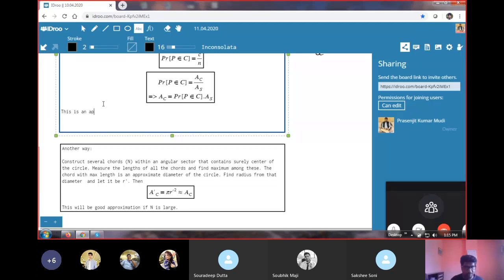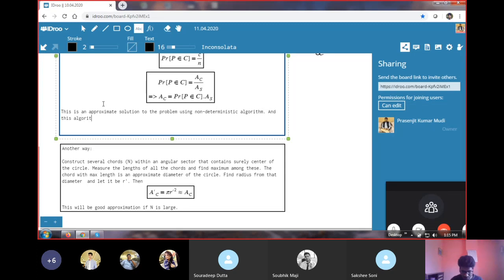An approximation solution to the problem using a non-deterministic approach, and this algorithm will be termed an approximation algorithm.